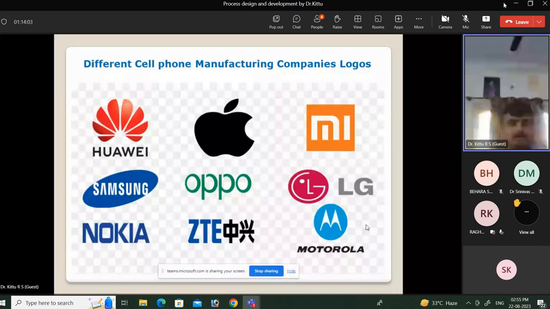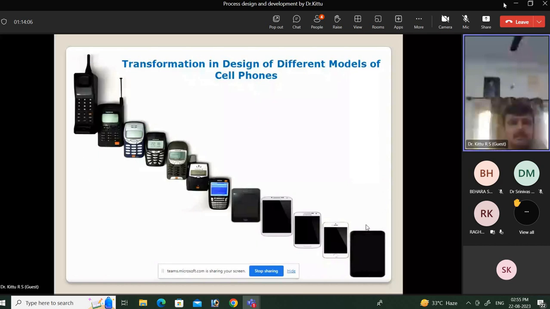You can observe here the transformation in the design of different models of cell phones. Initially we had wired and then wireless mobile phones. Nowadays we have very advanced technology based mobile phones with the ability to access the 5G network.